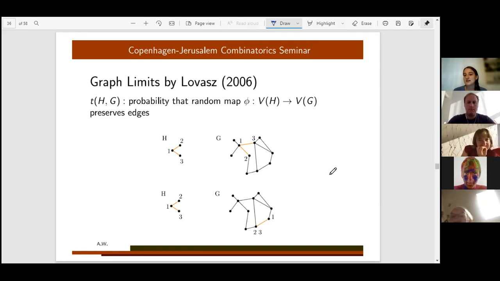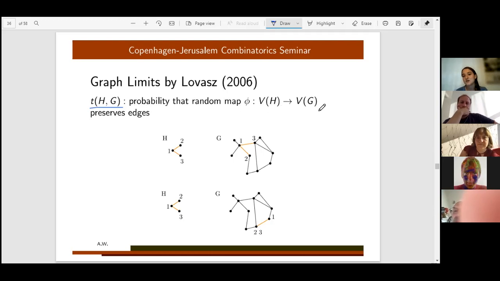So that's quite a young topic, 15 years old. And it also talks about densities. So here is this parameter t(H,G), and this is kind of a probability that a random map from a small graph H to a big graph G preserves edges.